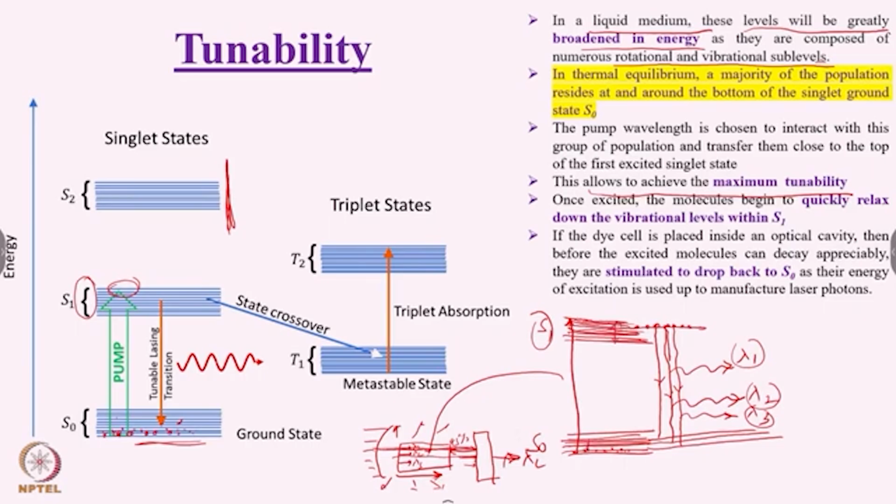Instead, if your pump takes it just up to here, then there will be tunability only over these few vibrational levels. So probably you understand now why the pump wavelength is chosen to transfer this group of population close to the top of the first excited state, because it provides maximum tunability.